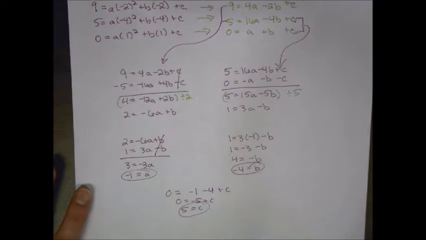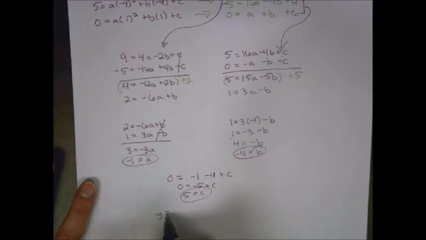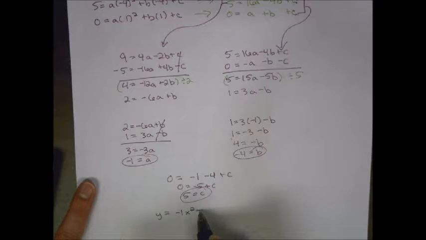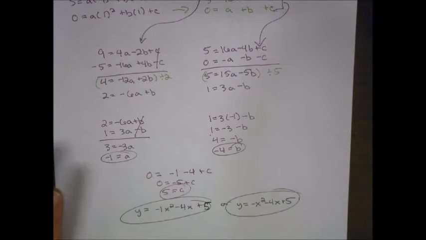This gives us a final answer of y equals ax squared plus bx plus c, except our c is 5. Now you don't need the negative 1. You can just write, so here are our answers.